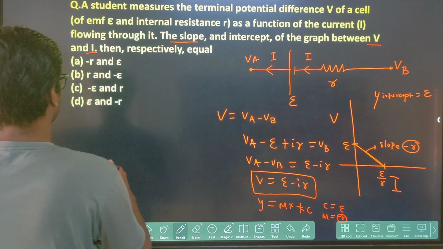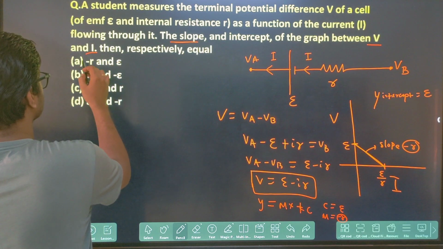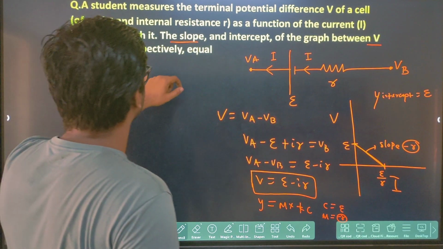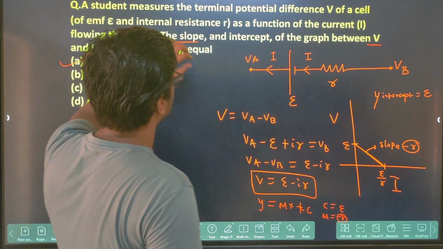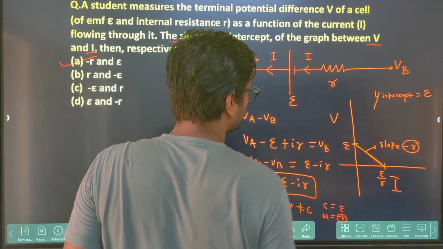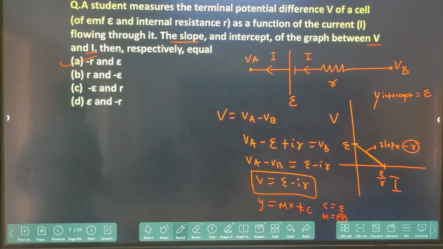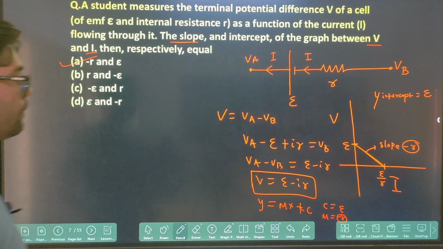The slope will be minus r. So which option is there? This is minus r and this option will be correct. And then respectively, the y-intercept is your E. This is clear, right? Okay, this is done.